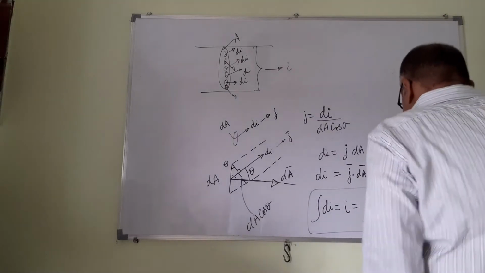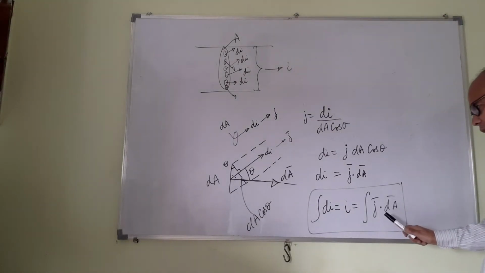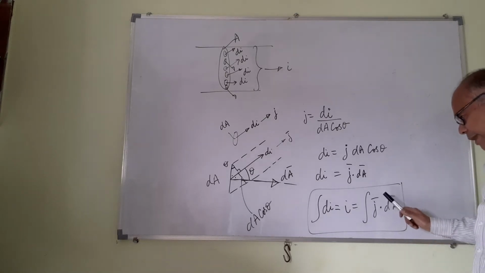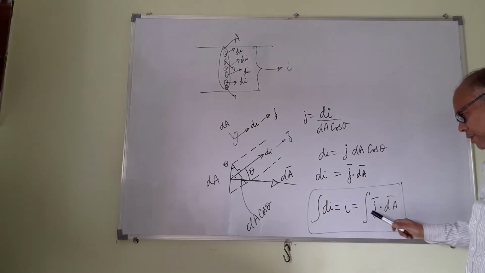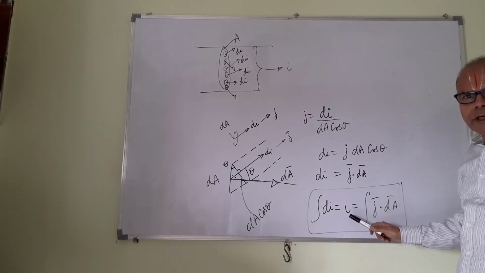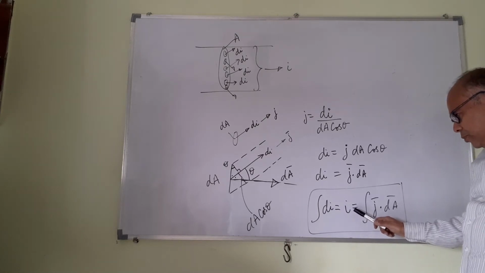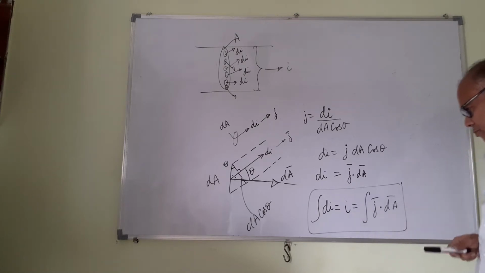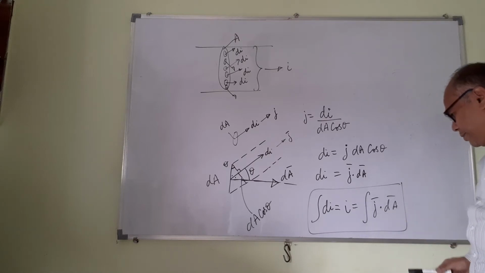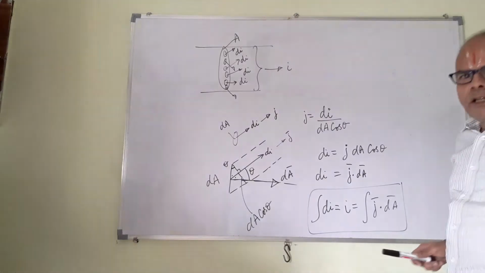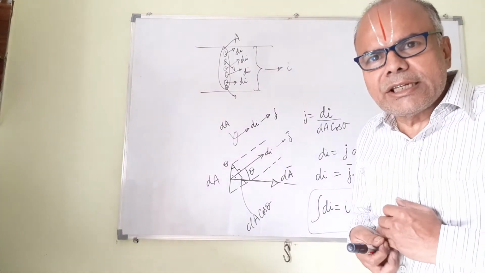Here you must see that J is a microscopic quantity. It is a vector and a microscopic quantity, defined from point to point. I is a macroscopic quantity. It doesn't have a unique direction, though there is a general direction we ascribe to I. Now what we are going to do is relate it to the electric field intensity.